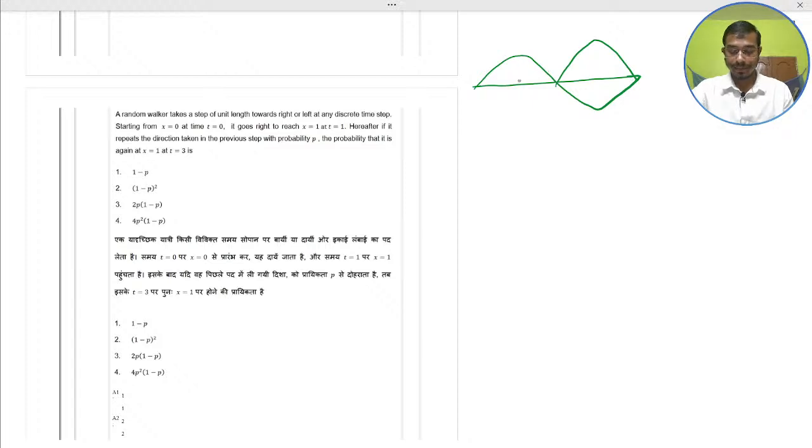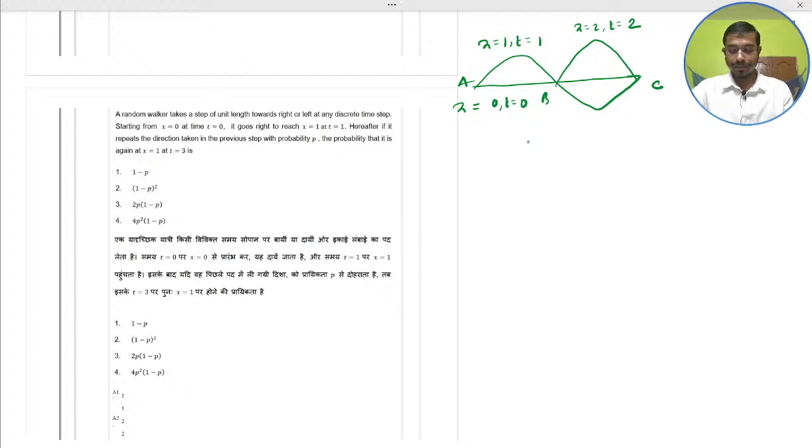So here this is x equal to 1, t equal to 1. Here x equal to 2, t equal to 2. Here the starting points A, B, C; x equal to 0, t equal to 0.